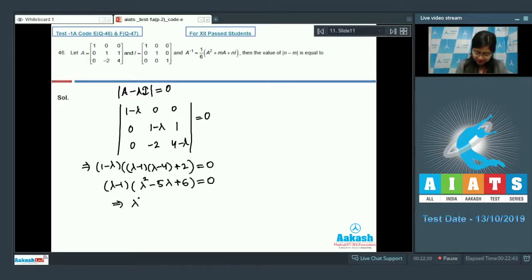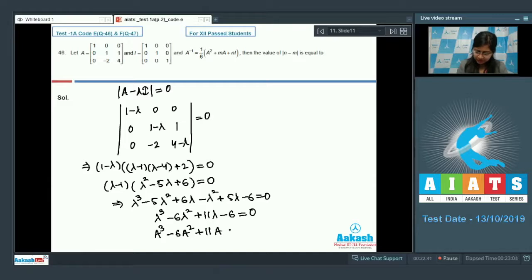So expanding this, lambda cube minus 5 lambda square plus 6 lambda minus lambda square plus 5 lambda minus 6 equal to 0. That is lambda cube minus 6 lambda square plus 11 lambda minus 6 equal to 0, which means that A cube minus 6A square plus 11A minus 6I is equal to 0.